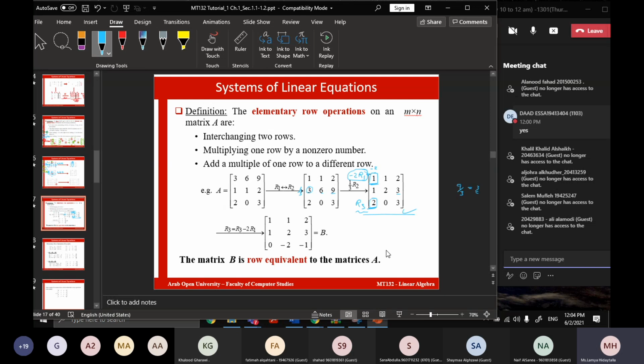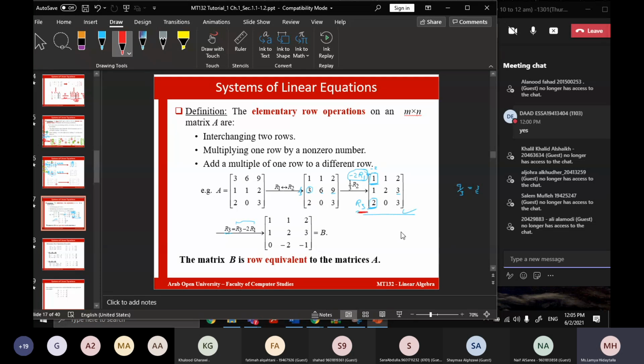Okay? And now what will it be? R3 minus 2 R1. Yes. So it will give me my new R3. I will multiply, but when I multiply, guys, I'll do it in my mind. I don't change R1, I want to change only R3.